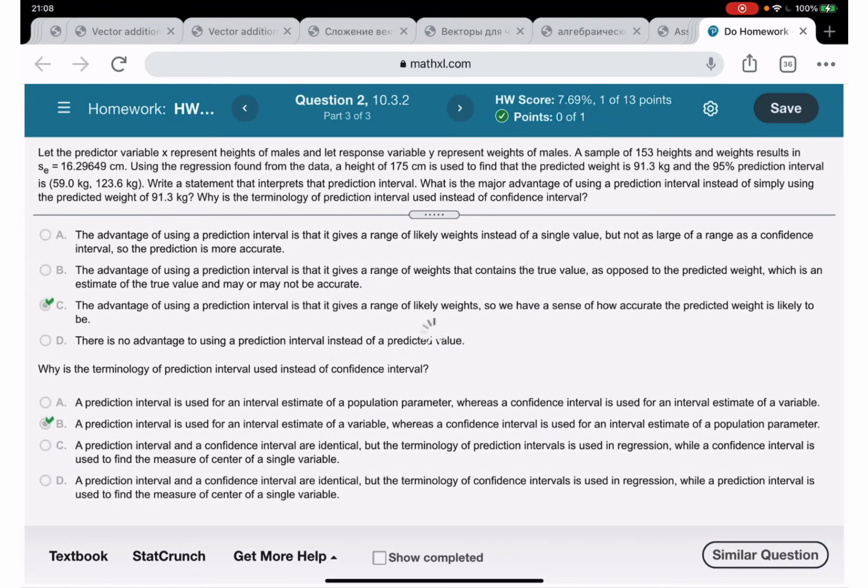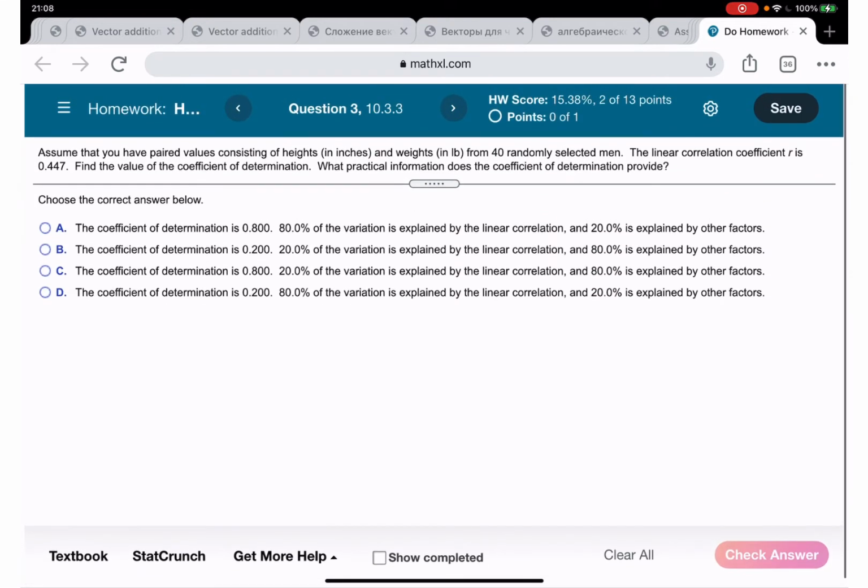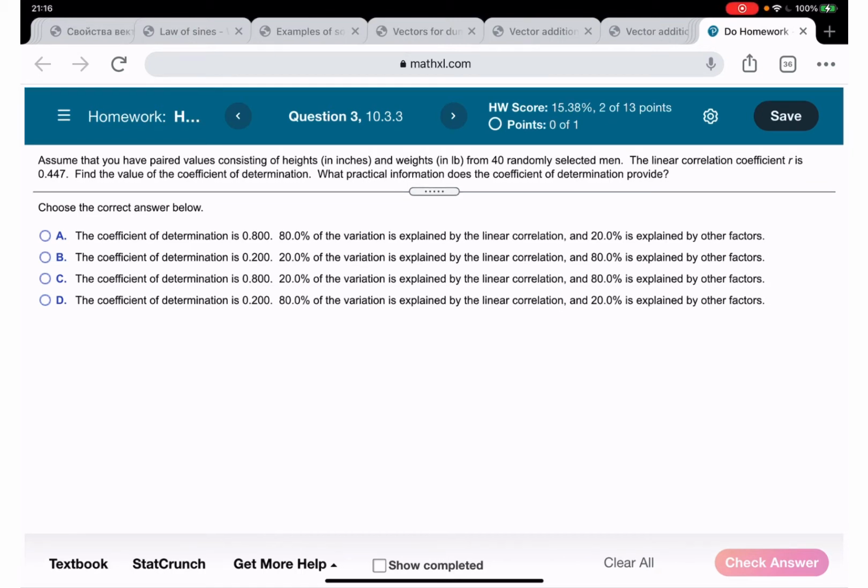Okay, so we are done. We are moving to question number 3. Assume that you have paired values consisting of heights in inches and weights in pounds from 40 randomly selected men. The linear correlation coefficient R is 0.447.